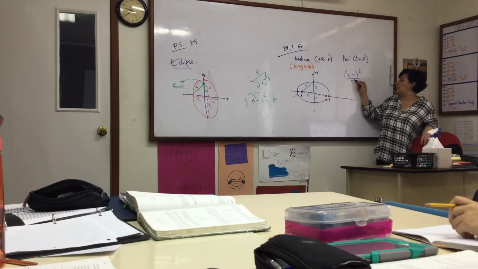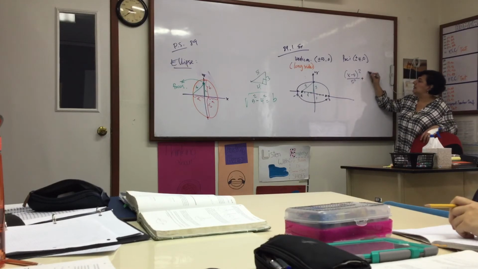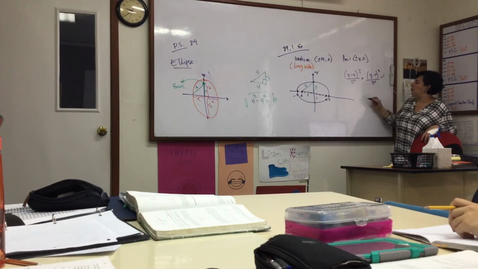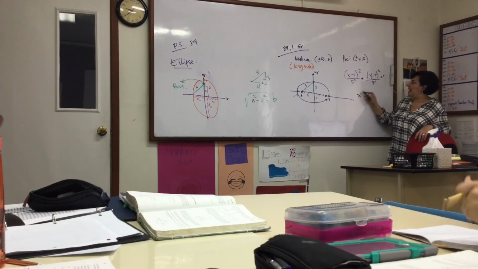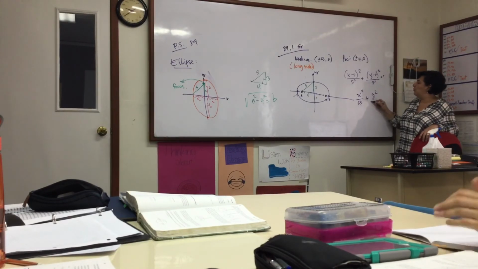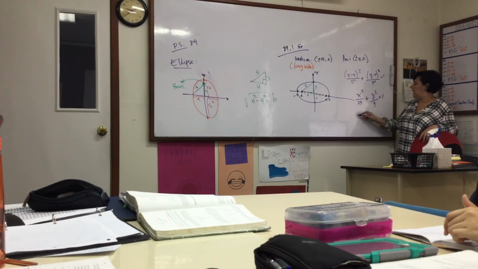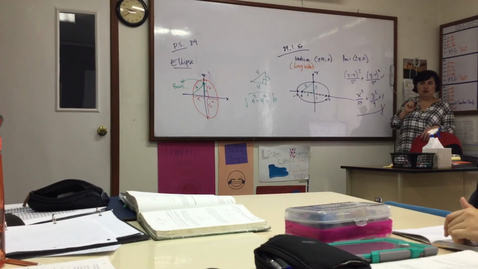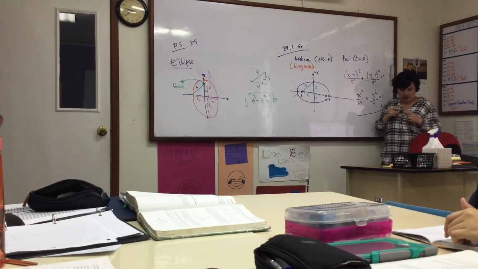So I'm going to put 5 squared plus, how much did I move in y? 3 squared equals 1. So if I simplify, I have x squared over 25 plus y squared over 9 equals 1. And that is my answer. Is it clear? Sure?